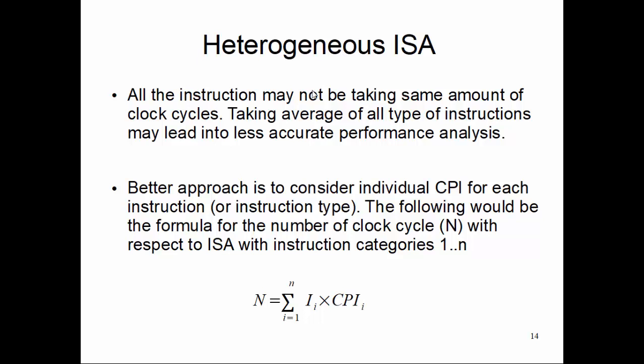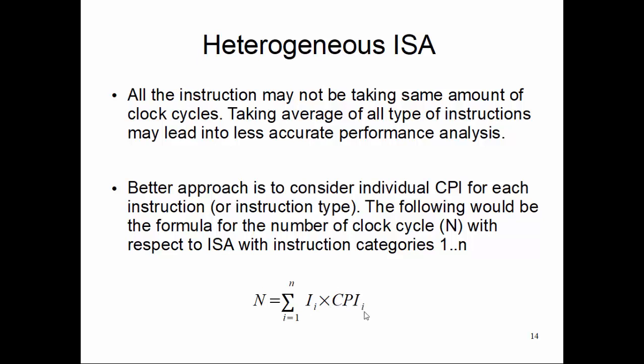Okay, so in that case, our number of cycles is really, let's say there are n such groups, i equal to 1 to n, where we measure the average CPI per individual group of instructions, and then we sum over the number of instructions executed per group multiplied by the average CPI of that group.